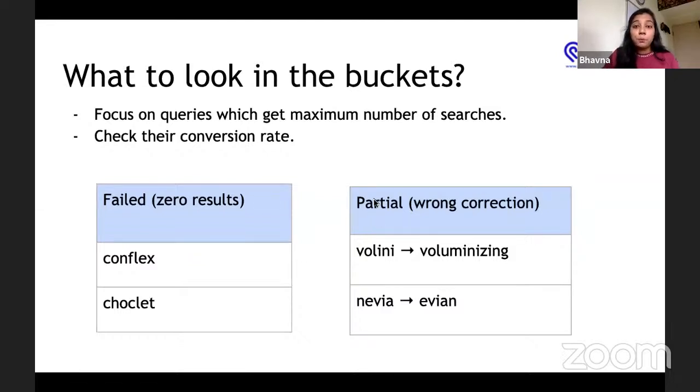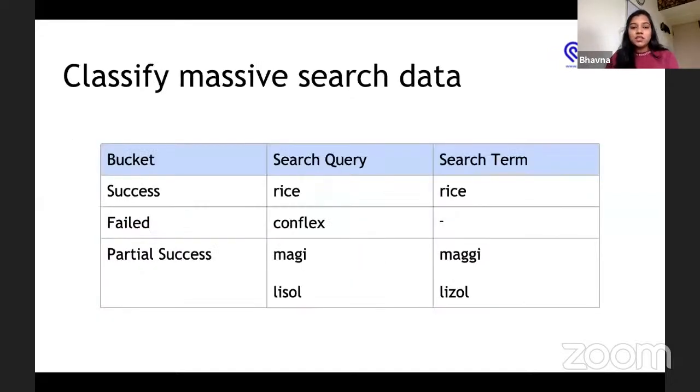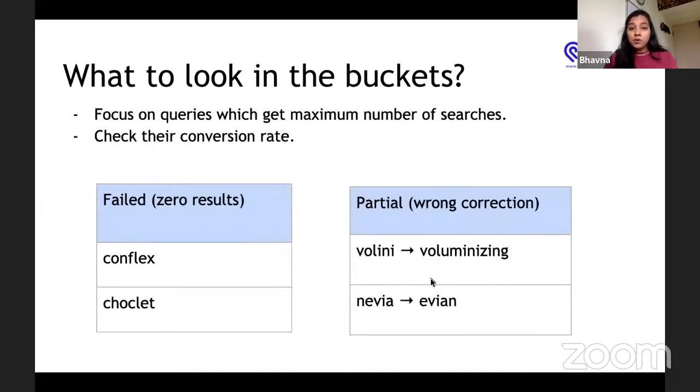Now, if you think about the partial bucket, where the user entered query A, but the system corrected it to some term B, we never know whether it is correcting it in the right way, correct? Previously, we saw examples where the system could correct it in the right way. But now we will also see that the system did not actually correct it in the right way.